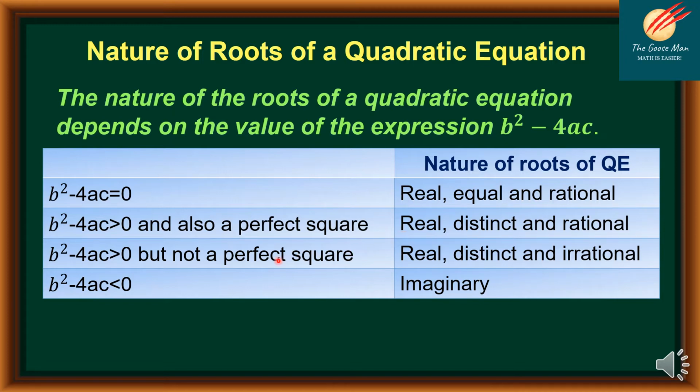If b squared minus 4ac is greater than 0 but not a perfect square, it is real, distinct, and irrational. And finally, if b squared minus 4ac is less than 0, the nature of the roots of the quadratic equation is imaginary.